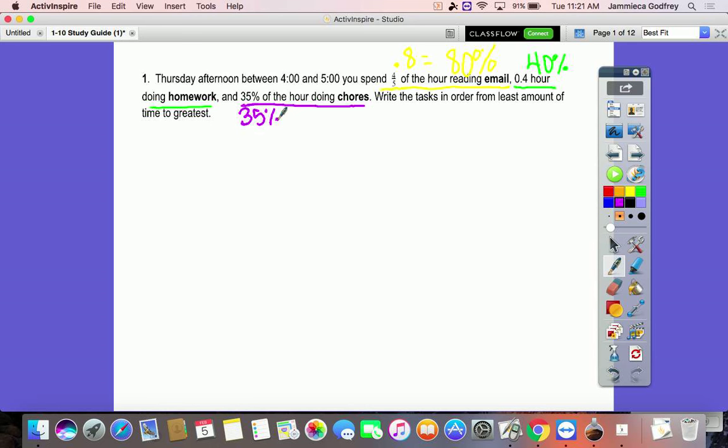And it asks for us to put them in order from least amount to greatest. So least meaning the smallest amount to greatest. So 35% was chores. So chores was the smallest amount of time, or received the smallest amount of time. Homework came in second with 40%.